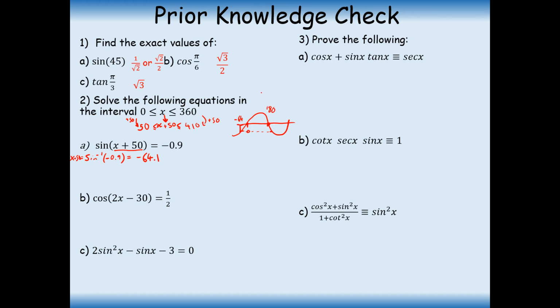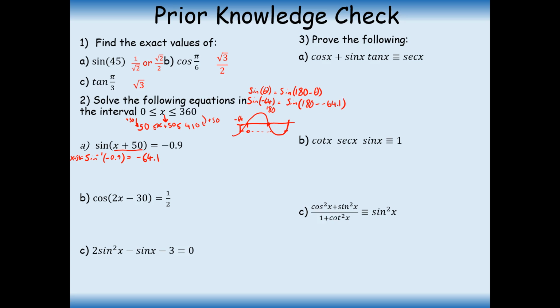So we can say the formula is basically sine of theta is sine of 180 minus that angle. In our case, our theta is negative, but the formula still works. We say sine of negative 64 is the same as sine of 180 minus negative 64.